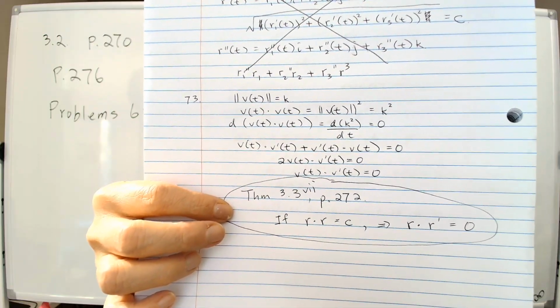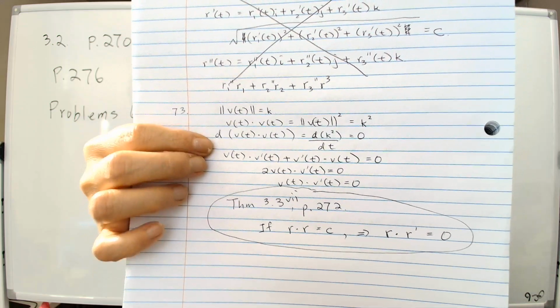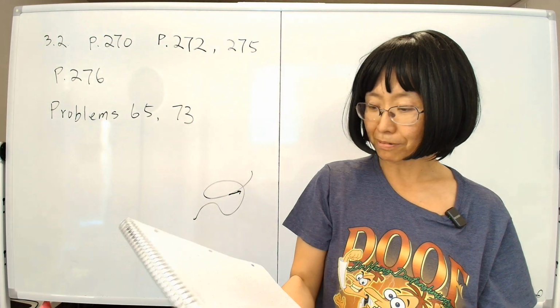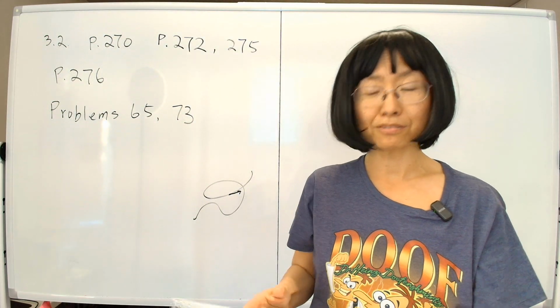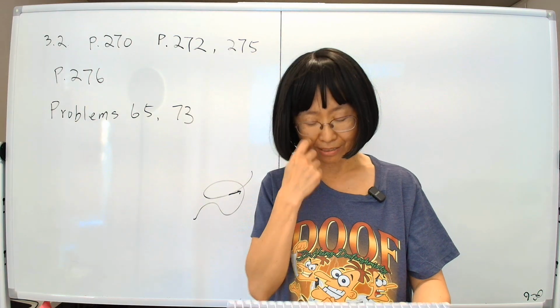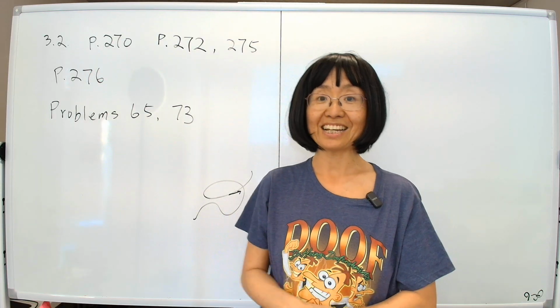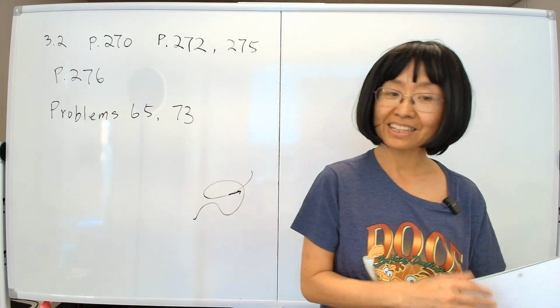That's theorem 3.3, part 7 on page 272, and that directly proves the problem. And you don't need to do anything else. So that goes to show you that some of the theorems in vector calculus are very nice and handy. That marks the end of this section.